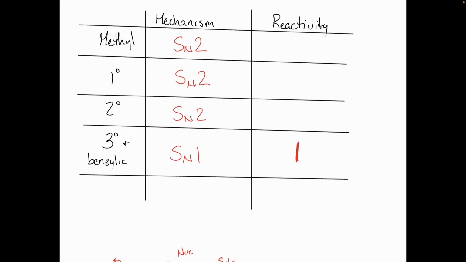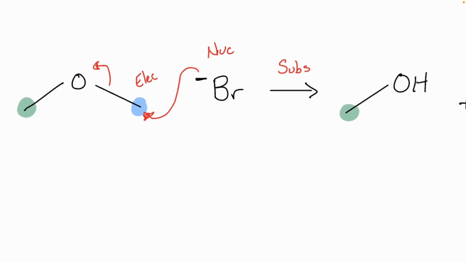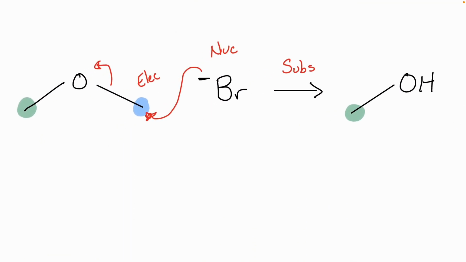So if we look here, we see a similar problem to what we've seen before with regard to our SN2 reactions. This would be SN2 since this is methyl. And remember, a big factor in these SN2 reactions is how accessible that electrophile is. Is it a really crowded carbon that the nucleophile is going to have a hard time getting to, or is it nice and exposed and out in the open?